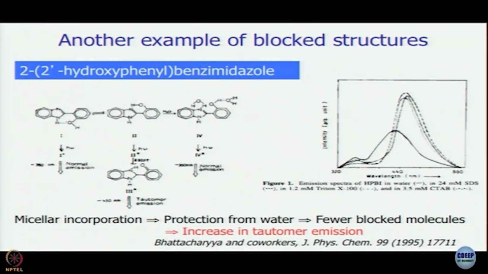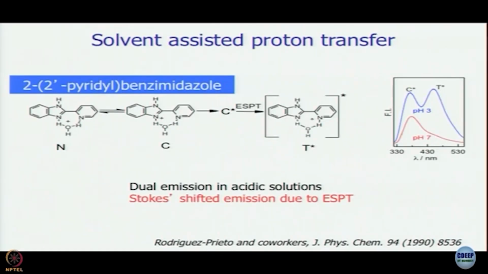Here, when the molecule is incorporated in micelles, you see there is a rise in tautomer, because it is protected from water and you have fewer block structures. Tautomer emission is enhanced. But do not think that hydrogen bonding is always the villain. Sometimes it can be the hero as well. There are plenty of examples.